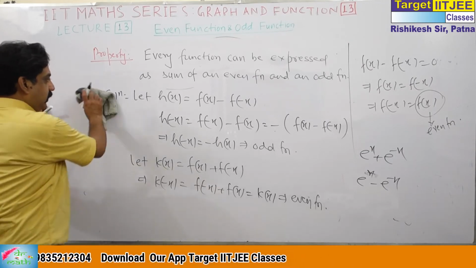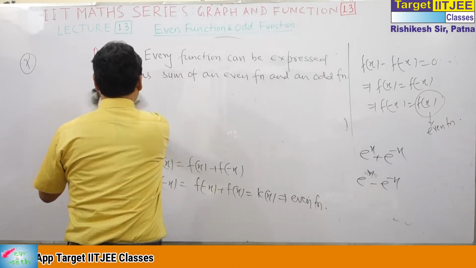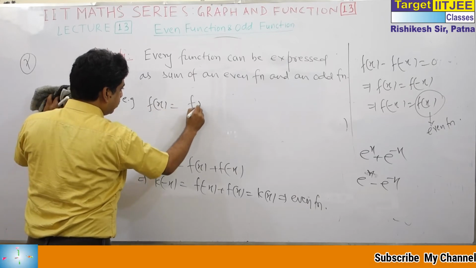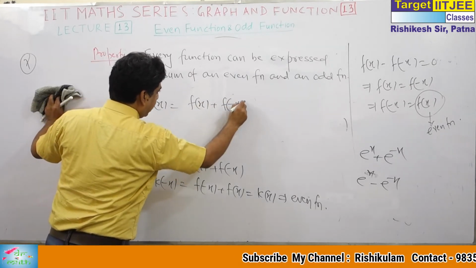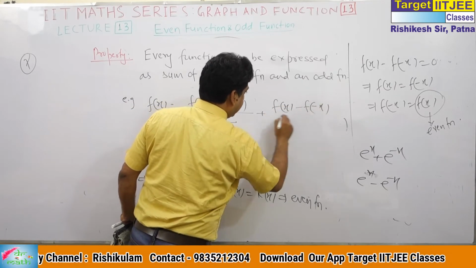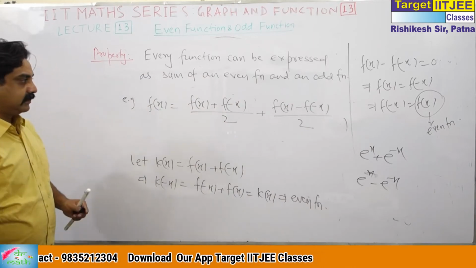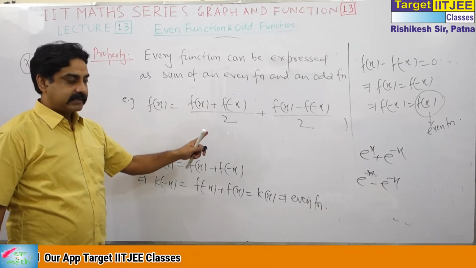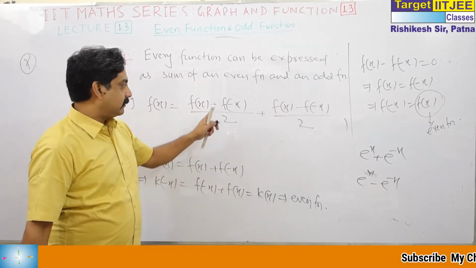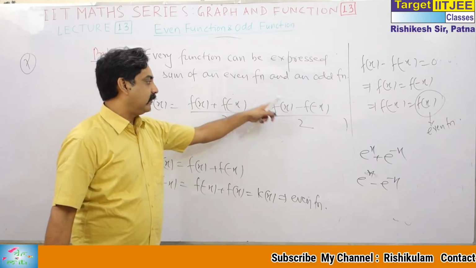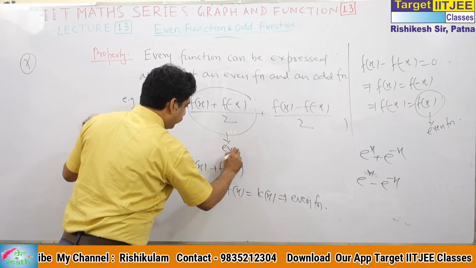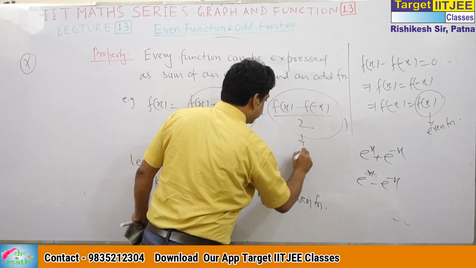For example, if we write fx as, see, can we write this? First of all, let's check mathematically. Is it correct? We write fx as this plus this by 2, this minus this by 2. Mathematically, these two cancel, and we get fx by 2 plus fx by 2, which is fx. We have just proved that this is an even function, and this is an odd function.